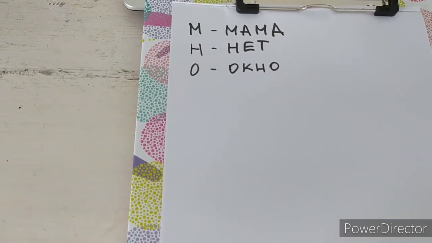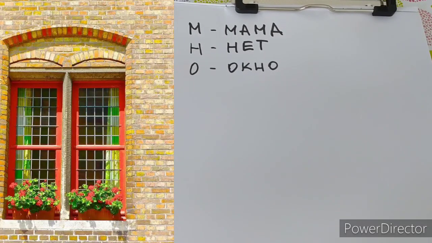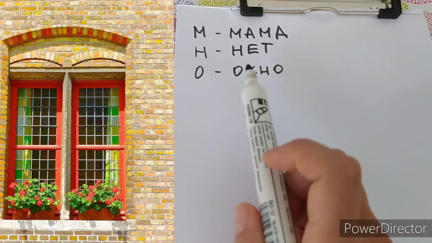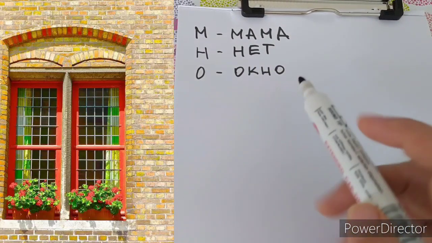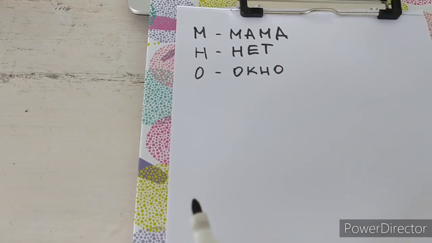We don't say окно, but we write it this way, окно, and we pronounce it 'akno'.